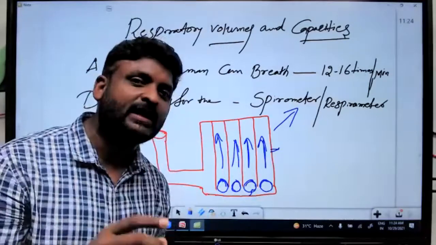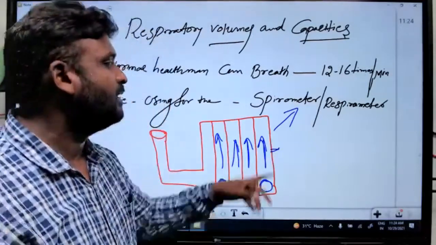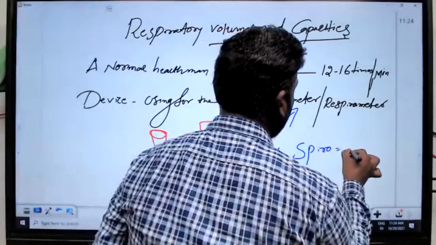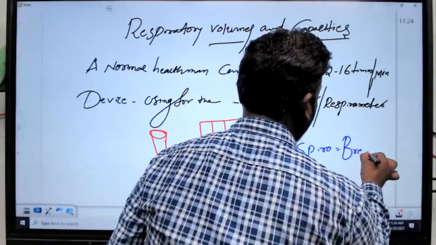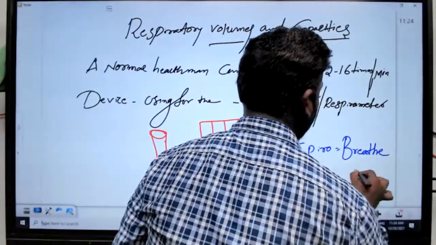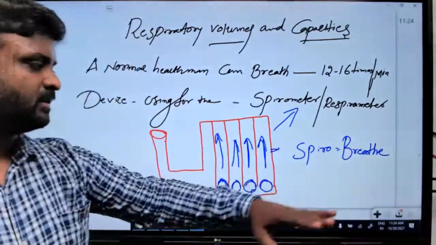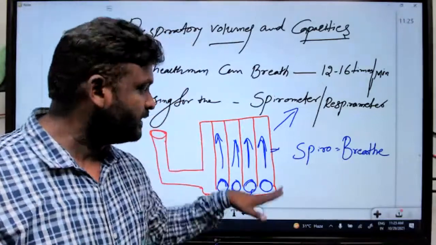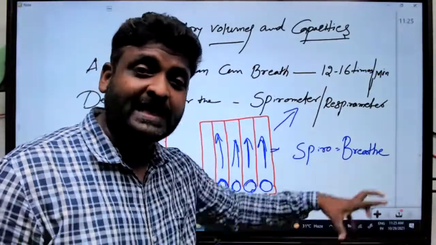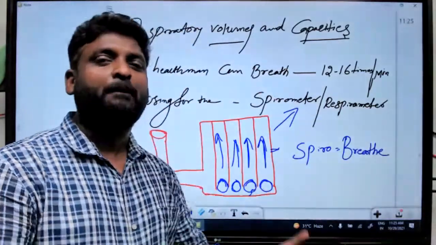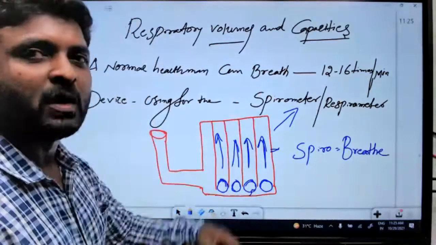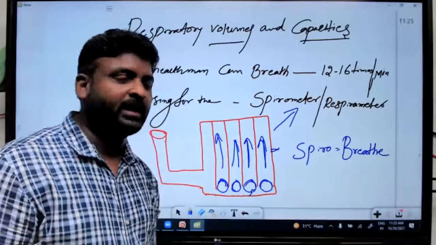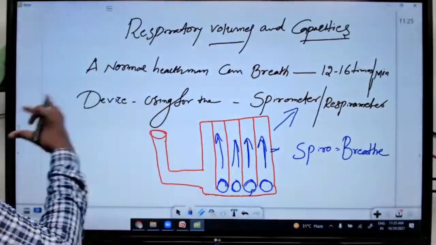Spiro here means breathe. Hence, this is called a spirometer. It analyzes the pulmonary volumes and capacities. Hence, it is called a respirometer or spirometer.